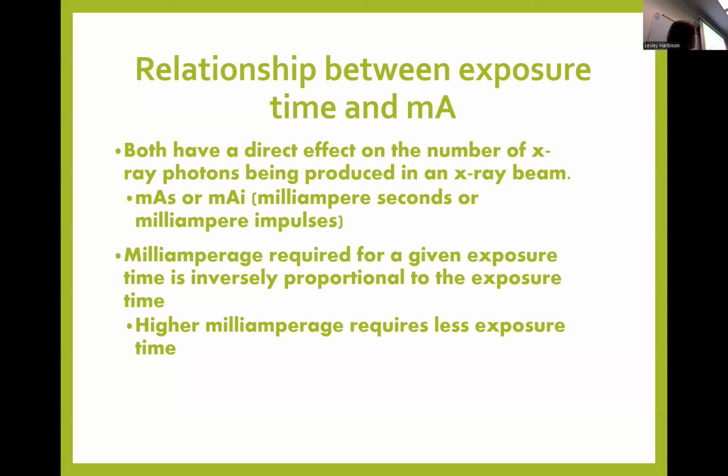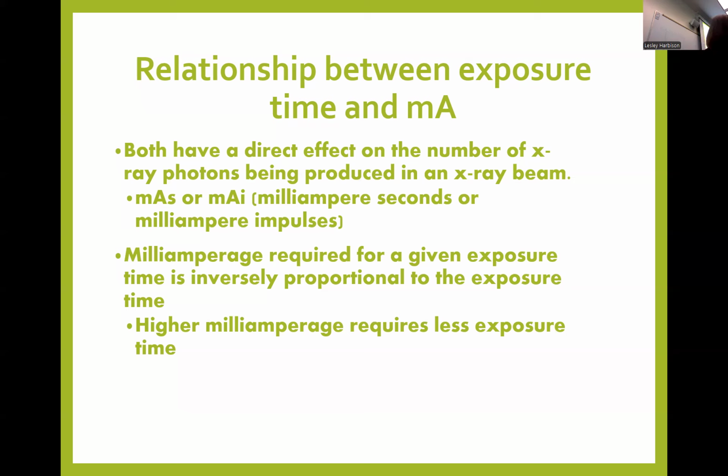So both of those are going to affect our quantity, because whether we have a lot of electrons or fewer electrons is ultimately going to determine how many X-ray photons, and how long we're letting that process happen is also going to control how many X-ray photons.